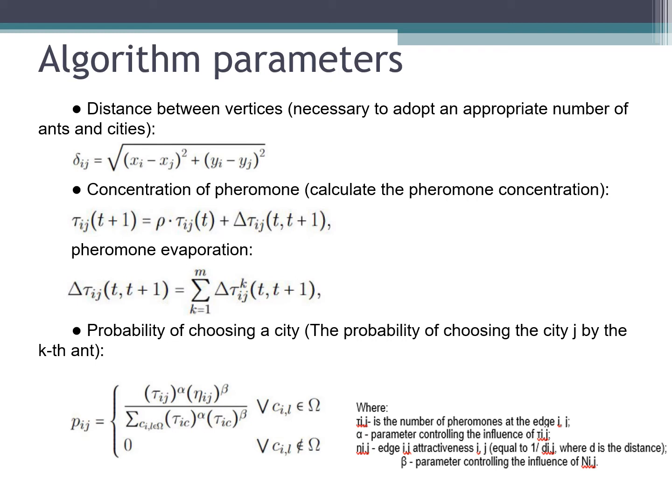And the pheromone evaporation itself is also calculated with the following formula. Choosing the city, the probability of choosing a city is given by the formula which we discussed before.